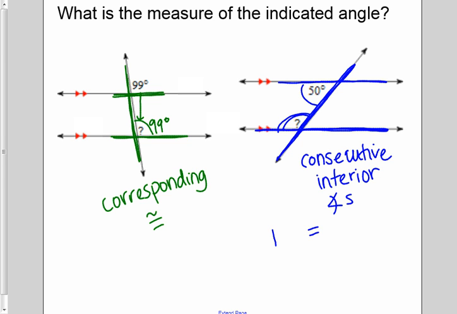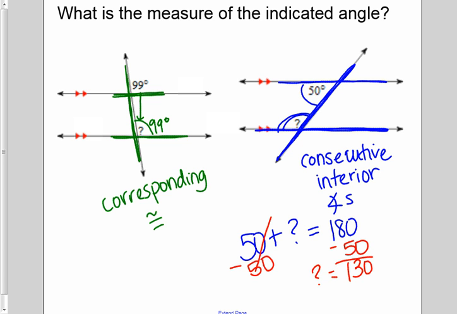So we add them up and they would equal 180. So I would have 50 degrees plus whatever the missing angle is, and my total together would be 180. So I would find the missing angle by subtracting 50 from both sides, and that tells me my missing angle is 130 degrees.